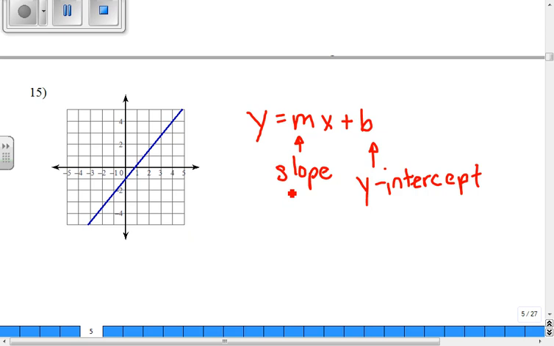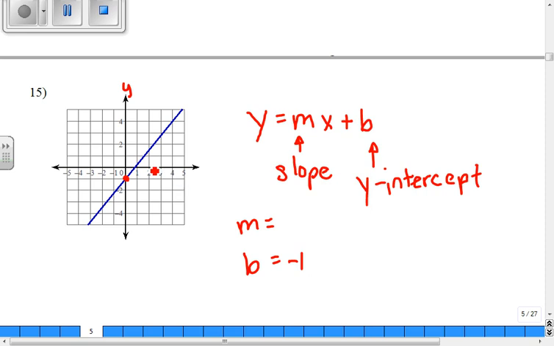So I need to determine both my slope and my y-intercept. Well, my y-intercept is the easiest thing to determine. My line crosses the y-axis at -1.